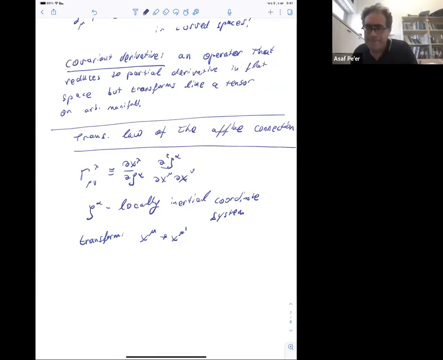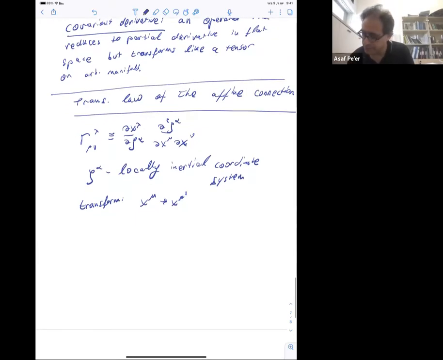Right? So what happens to the affine connection when we do the transformation? Gamma lambda prime mu prime nu prime is again dx lambda prime over dx alpha, d squared psi alpha over dx mu prime dx nu prime.